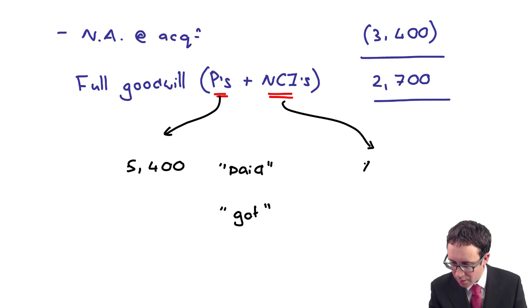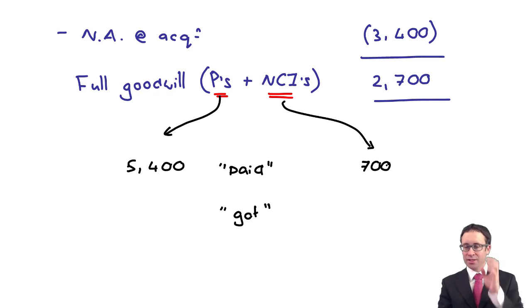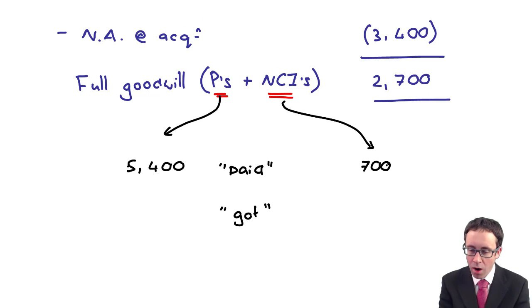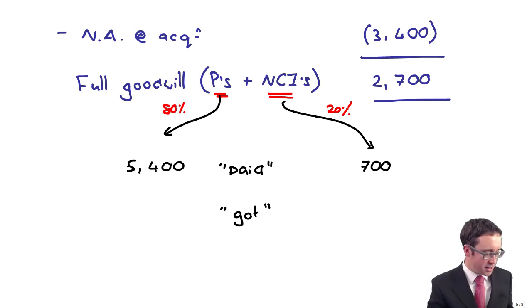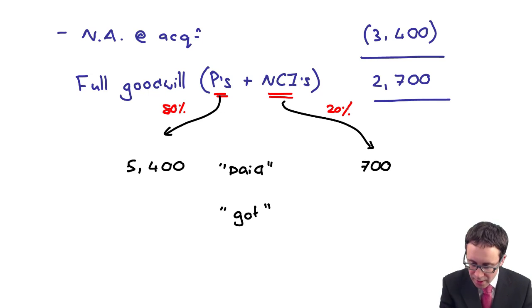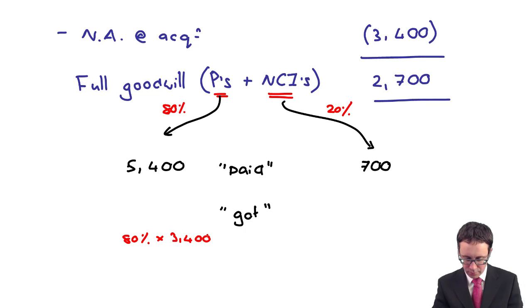They haven't officially paid 700, have they? But that's what their 20% investment was worth, wasn't it? 700. What have they got? Well, P's is 80%, isn't it? The NCI's is 20%. So here, P got 80% of the 3,400.